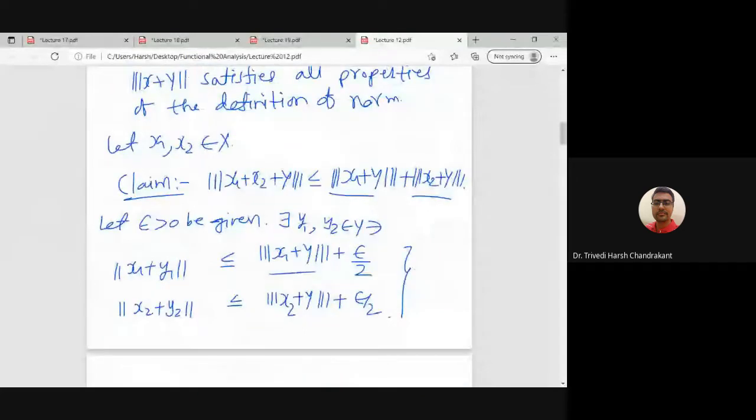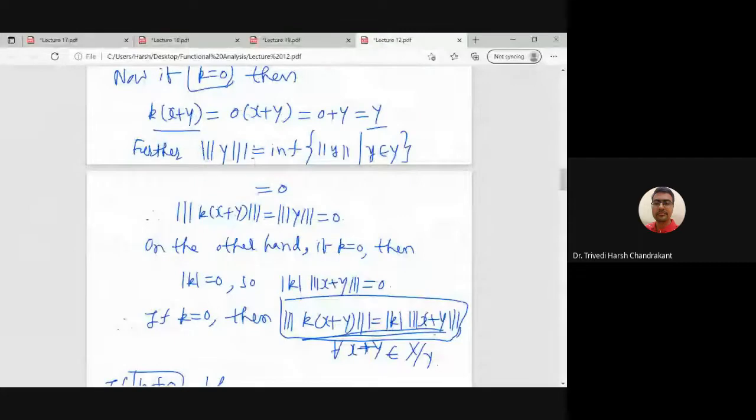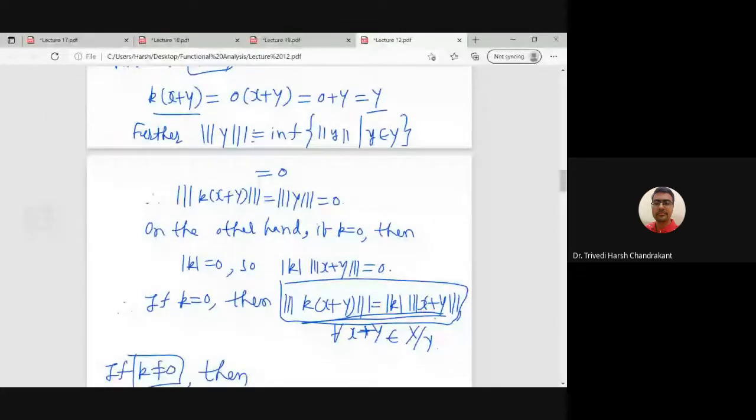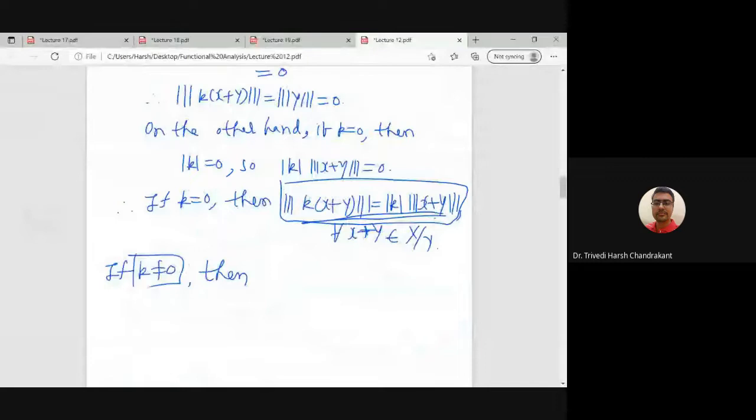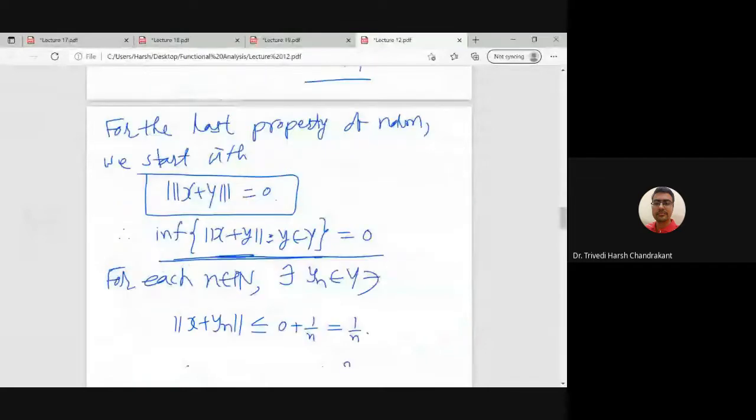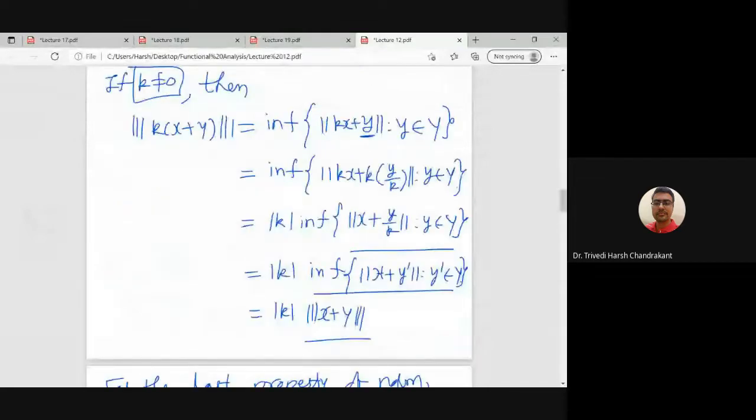So did we mention it somewhere? This property basically. Okay, so let me mention it here.